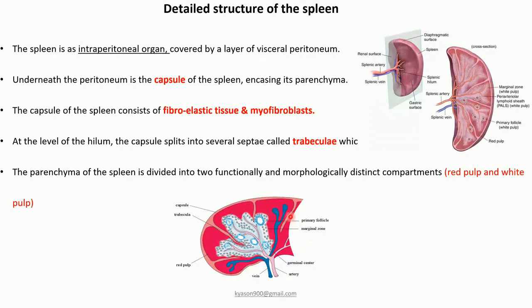These extensions are called the trabeculae. These trabeculae come into the substance of the spleen and divide your spleen into compartments, which we call the red pulp and the white pulp. These are functional units of the spleen, and they can help you understand the function of the spleen.